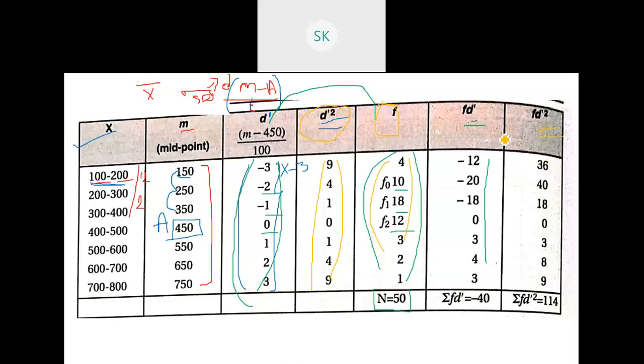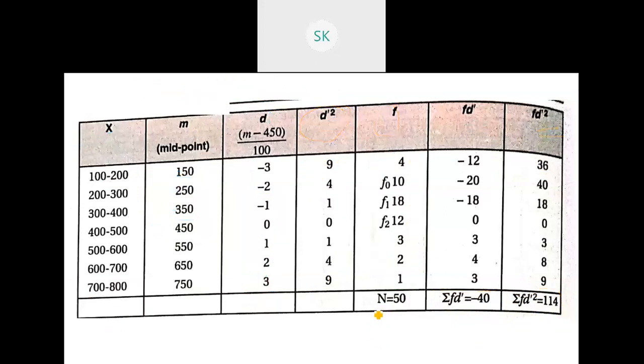So these will be the major numbers for us to consider in calculation. Once we find f d dash, add all of them, you get sigma f d dash equal to minus 40. Then f d dash square, sum up all of them and you get summation of f d dash square, which is 114. So these are the three major numbers required for calculation. This comprises the table calculations.